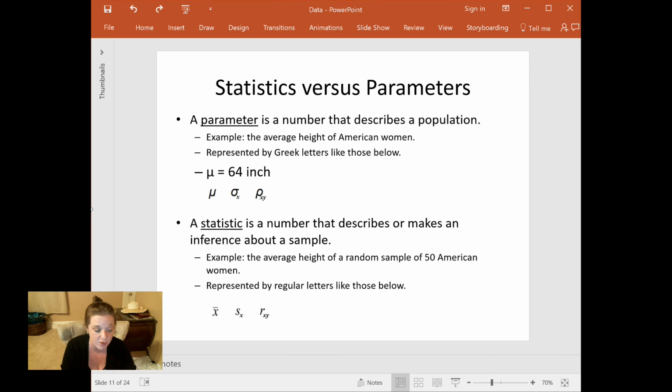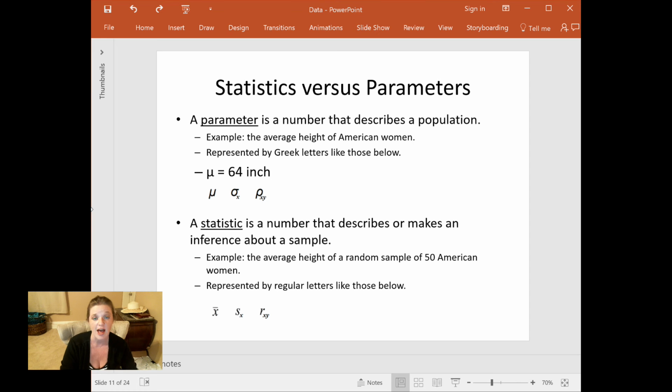It's 3.14116 on and on forever, right? Pi is a symbol that represents a specific number. It represents 3.1416. This class uses a lot of symbols to represent specific numbers.